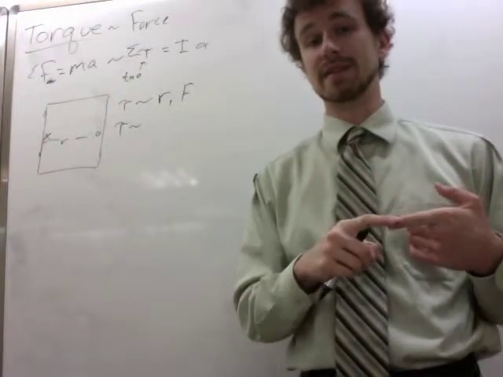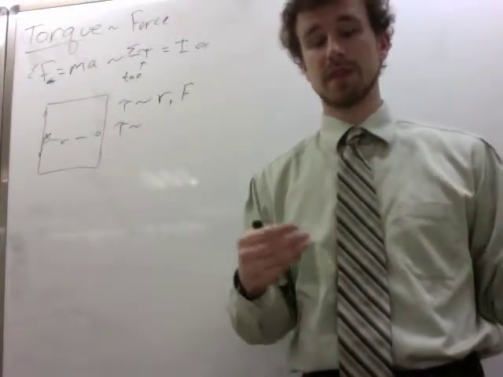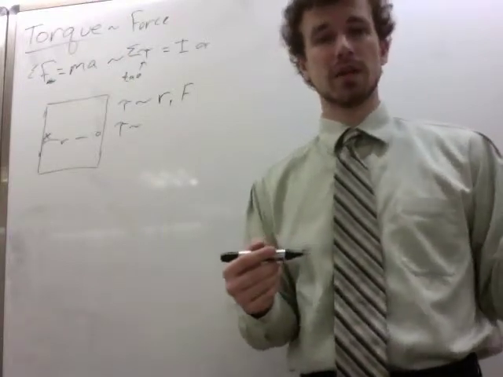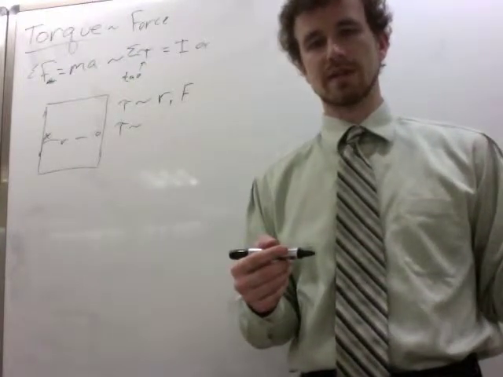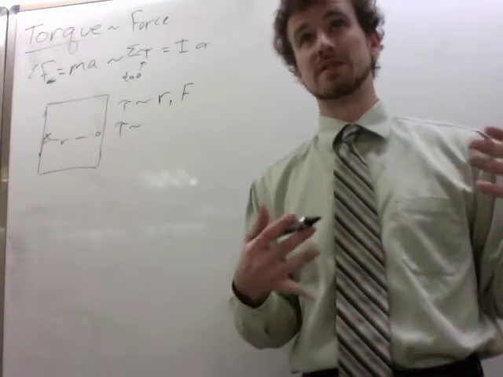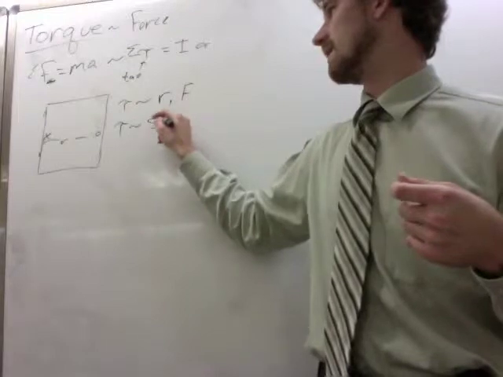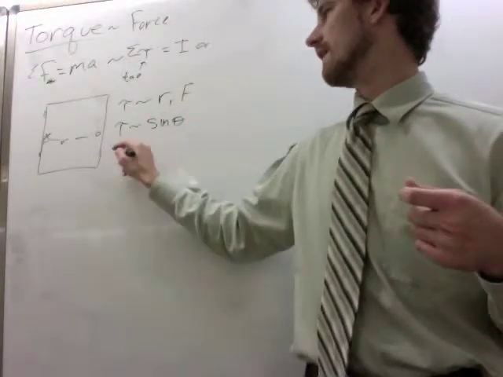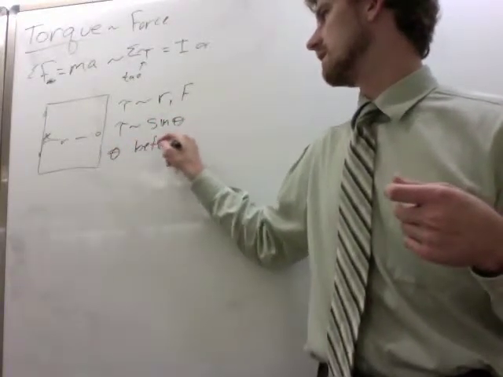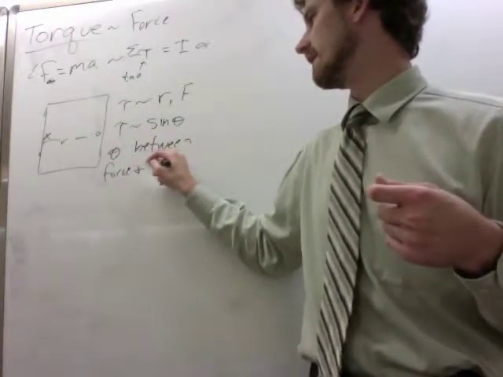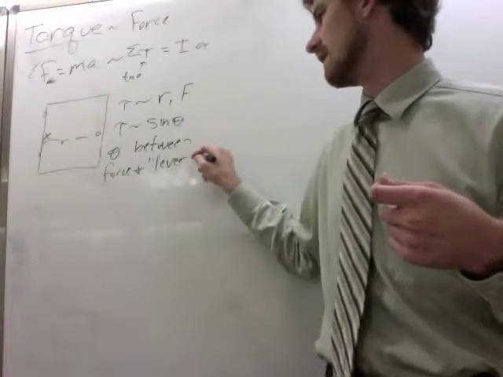It is sine, because sine has its maximum when the angle between the force and what's called the lever arm is 90 degrees, and it's 0 when the angle between the force and the lever arm is 0 degrees. So it's also proportional to sine of theta, and theta is between the force and the lever arm.